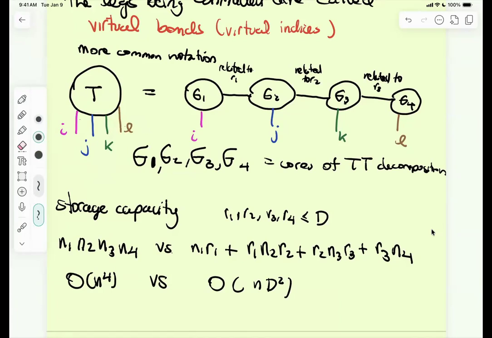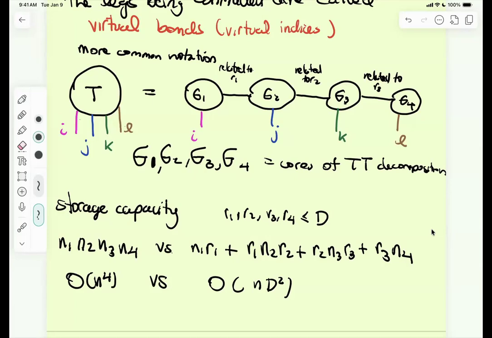It sounds amazing. Of course, the trick is on the D's, right? If you don't control the D's, you may not get any advantage. But the idea is that if you truncate or do approximations, you can do better things.